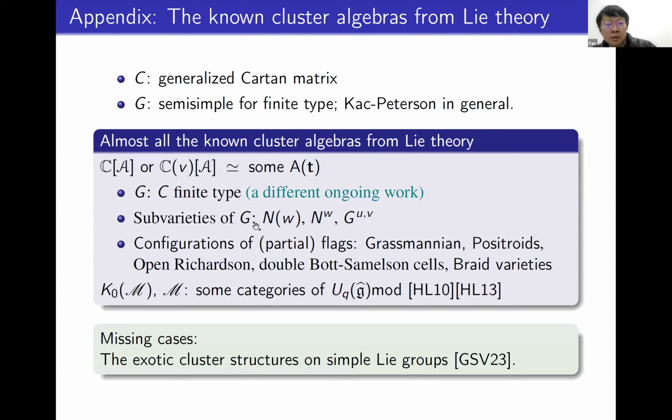Or it might be a subvariety of G, like the unipotent cells, unipotent subgroup, or double Bruhat cells. Or it might be configurations of partial flags, for example, the double Bott-Samelson cells or braid varieties. Or this cluster algebra might be isomorphic to the Grothendieck rings of some categories of quantum algebras. Right? There is one missing case. If you take the simple Lie groups and you take the non-standard Lie bialgebra structure here, you get some cluster algebras which are not covered by our main theorem.